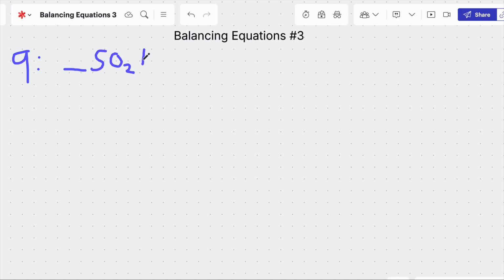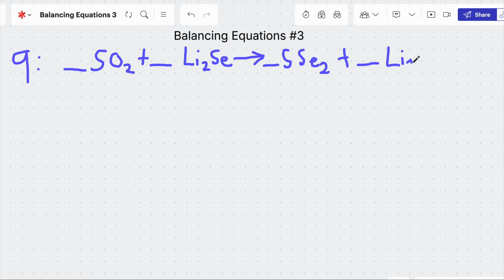All right, so we have SO2 plus blank lithium selenide, so Li2Se, makes, ooh, this is a weird one, Se2 plus lithium Li2.